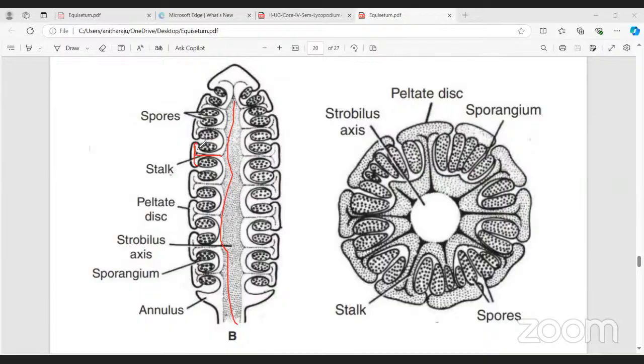How many sporangia are hanging from the peltate disc, on either side? This is one peltate disc. In one disc, how many sporangia? Two, right, two sporangia are present.